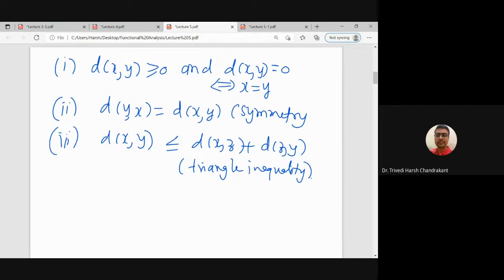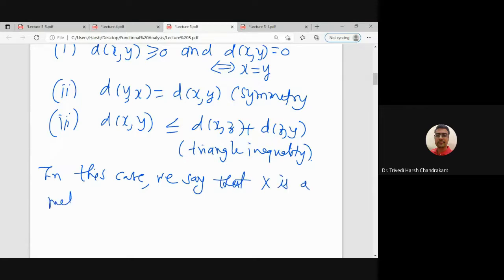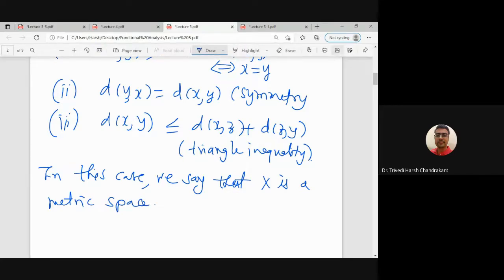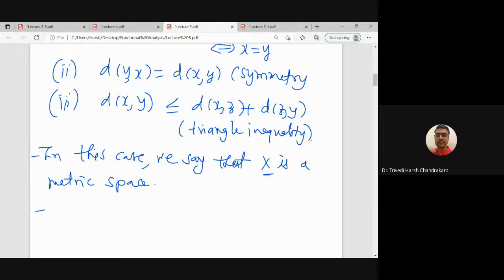So whenever we have a set on which we have a metric, we say the set is a metric space. And whenever we have a metric defined on some set, we can also define the same metric on a subset.